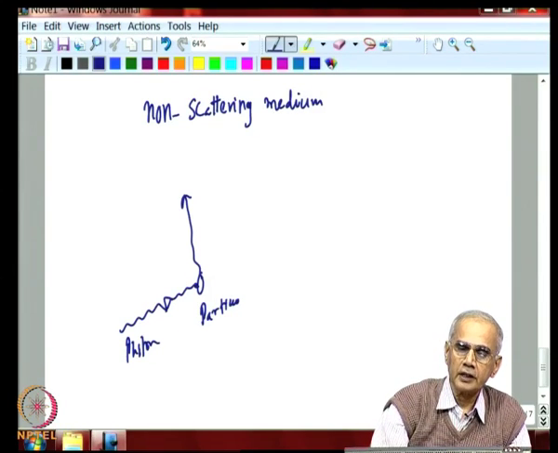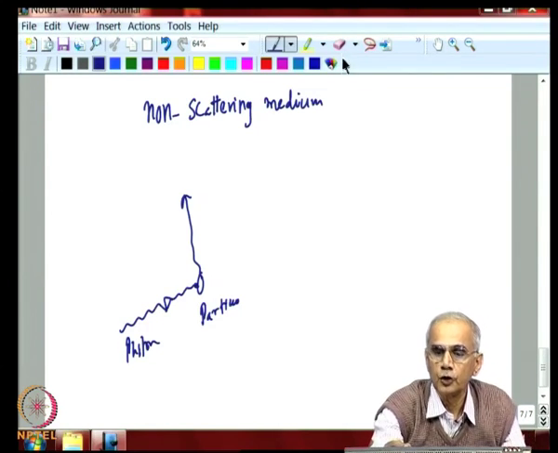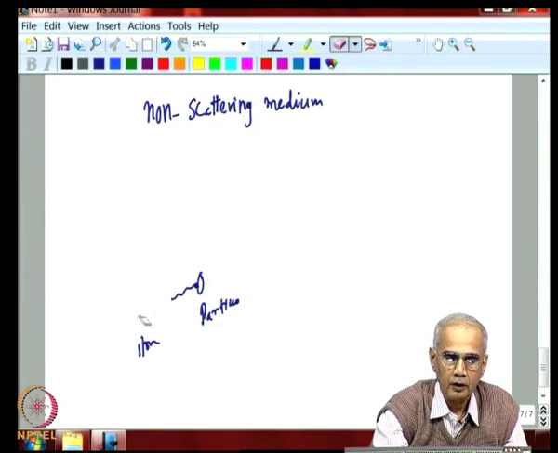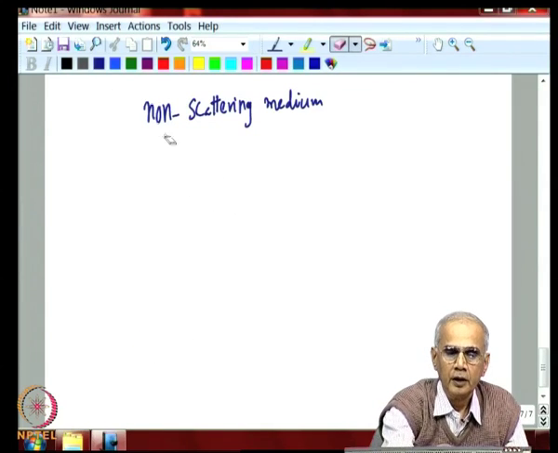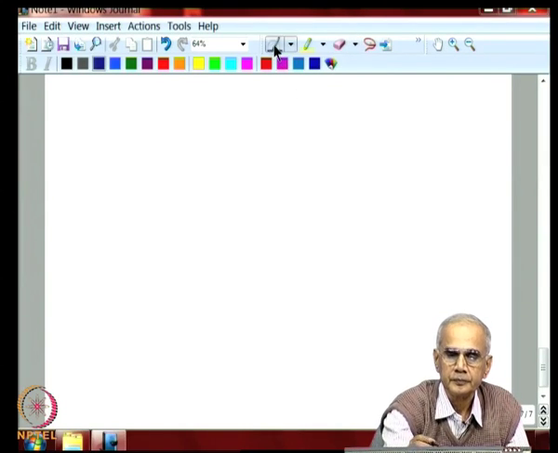But when scattering is very important, then you cannot treat directional variations very casually. You have to worry about those things. So, we will now look at scattering. Before we get into the basics of scattering, let us first discuss what scatterers are present.